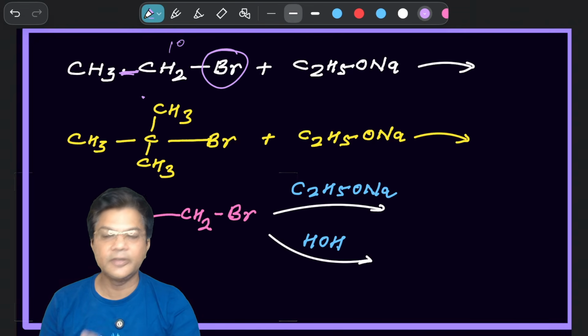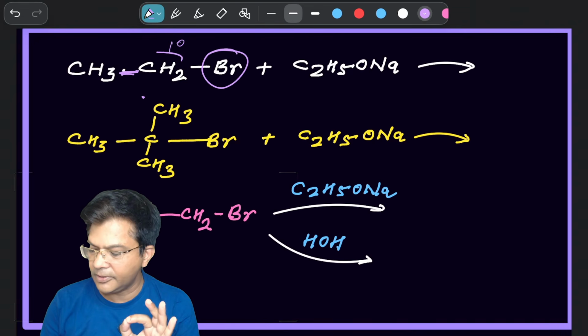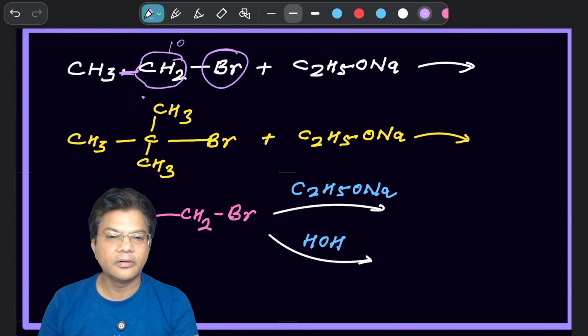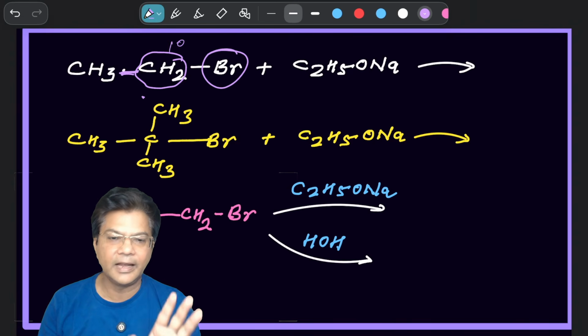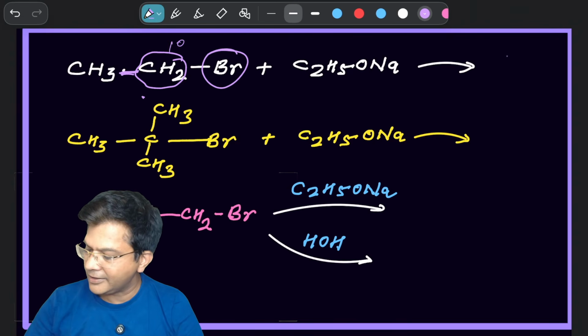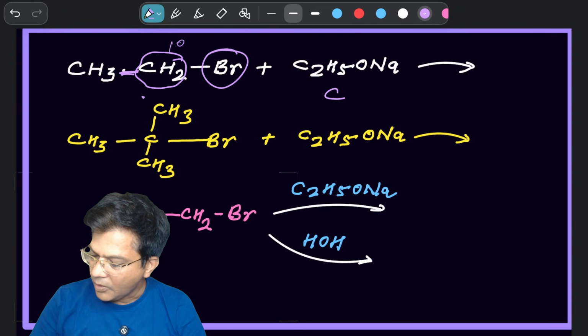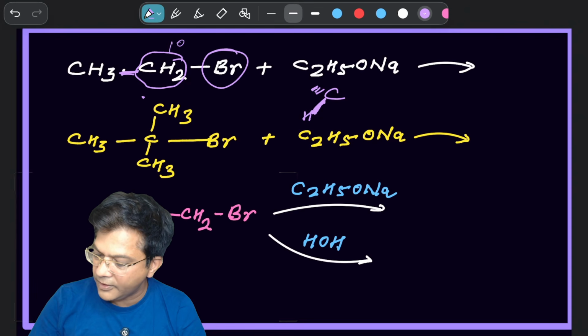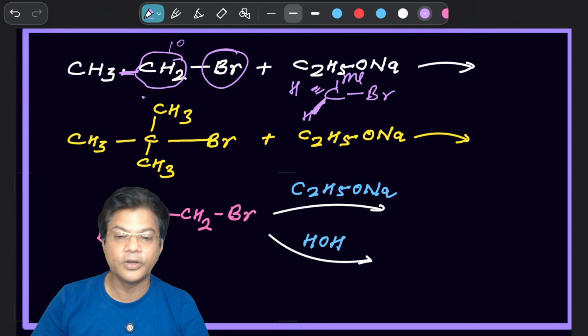Now just see, you have to see it three-dimensionally: the carbon is there, one hydrogen is coming towards the observer side, one hydrogen is going away from the observer, and one methyl is there, and this is Br. Always see it like this.